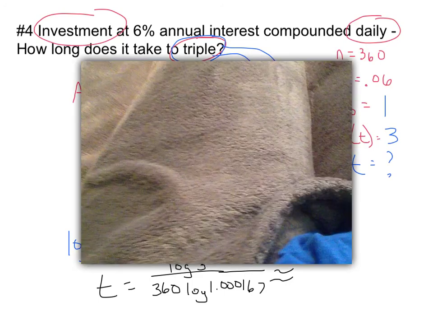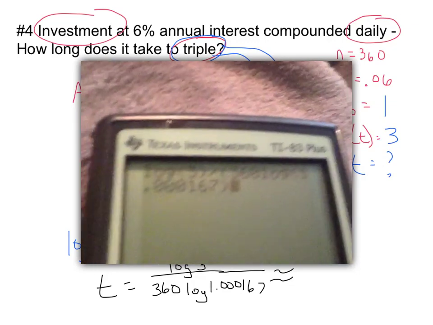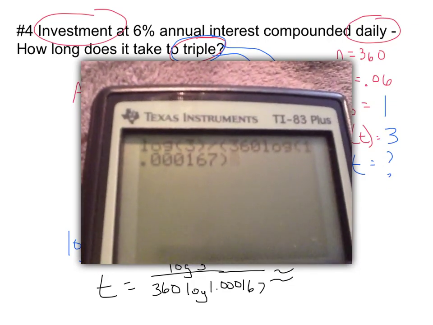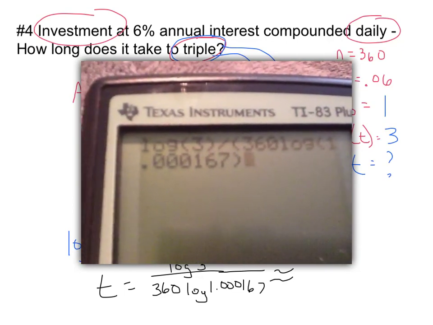So in case you're interested, that's what it looks like on the calculator. Log 3 divided by 360 log 1.000167.